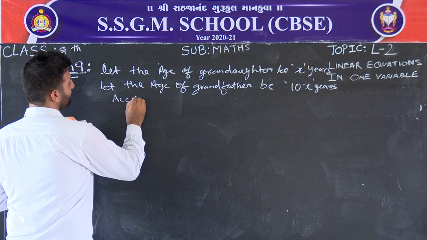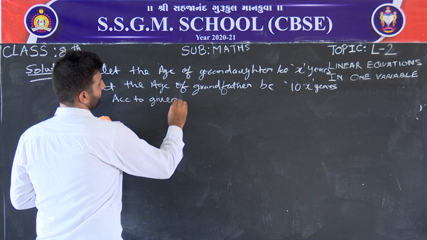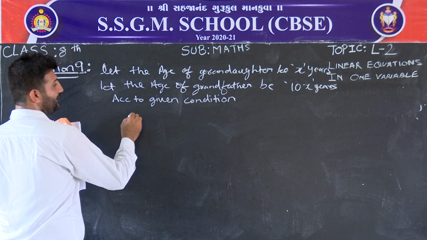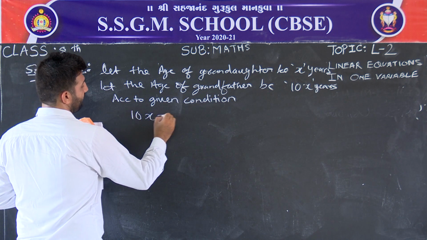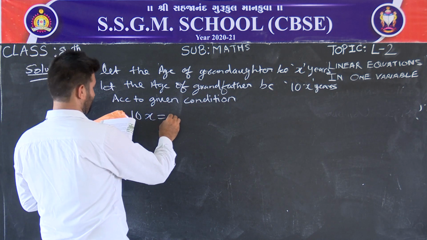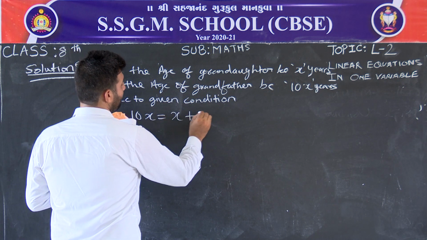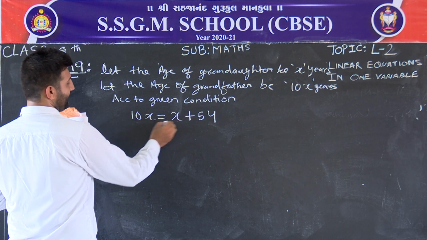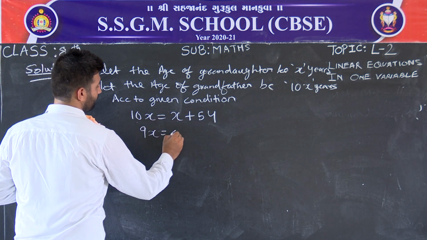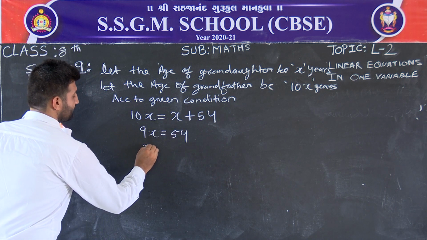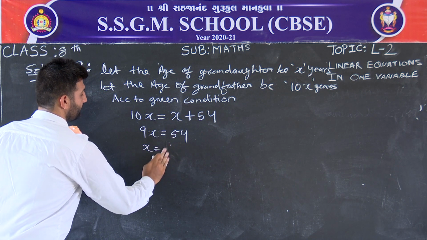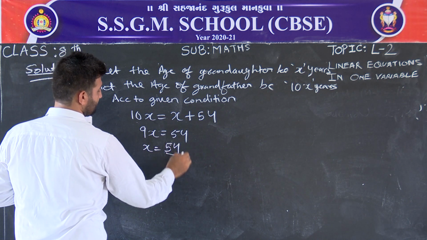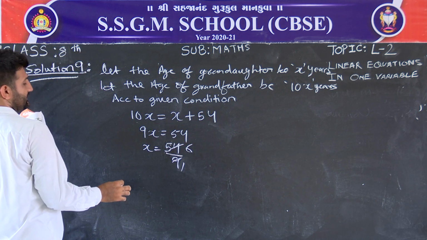So according to the given condition, grandfather's age, that is 10x, is equal to x plus 54. So 10x minus x will become 9x is equal to 54. x becomes 54 by 9. 9 6s are 54.